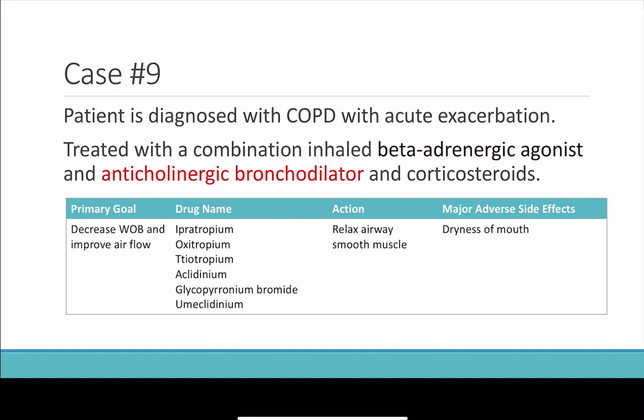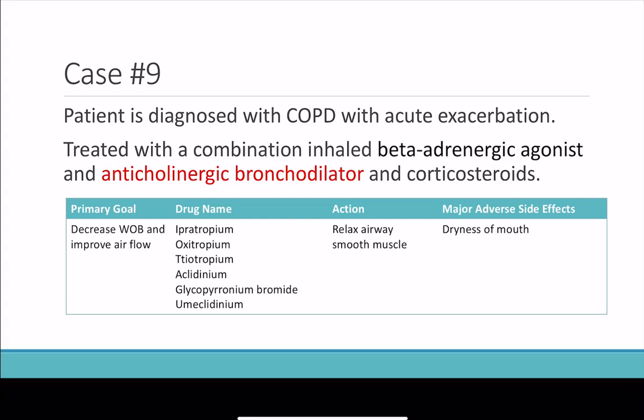Anticholinergic drugs block the cholinergic receptors. This one might not be as intuitive for you guys, but cholinergic comes from the name acetylcholine, the main neurotransmitter of the parasympathetic nervous system. So this drug is trying to block the receptors that respond to the parasympathetic nervous system.